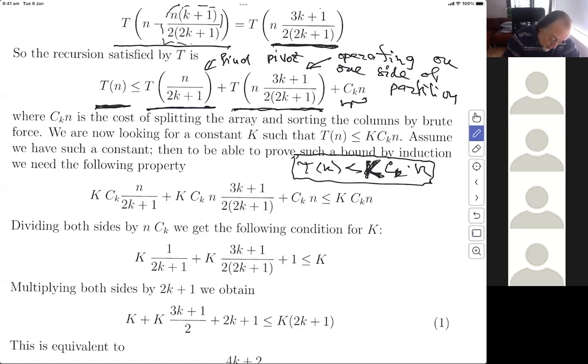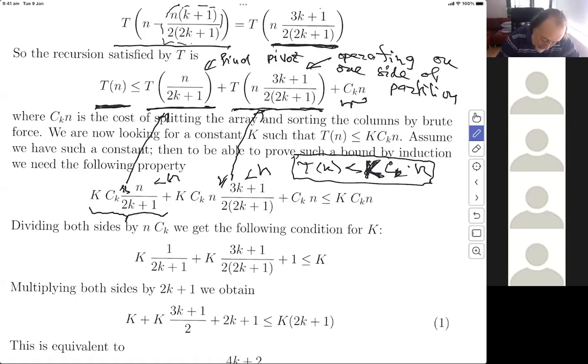So you will assume that the bound works for n divided by 2k plus 1, because this is smaller than n, and this is also smaller than n. So you are assuming that this guy here is smaller or equal than this, and this guy here is smaller or equal than that.